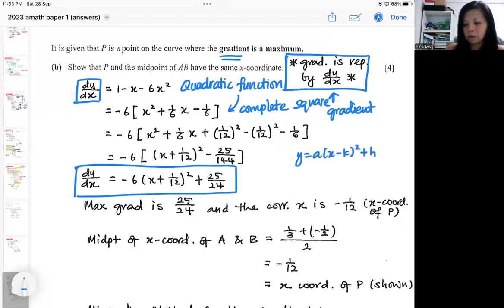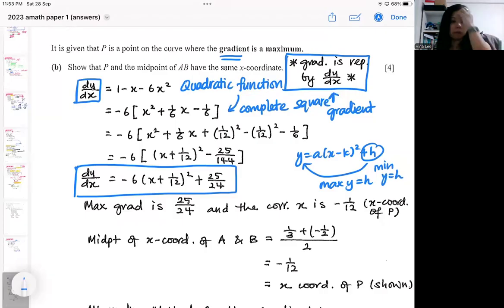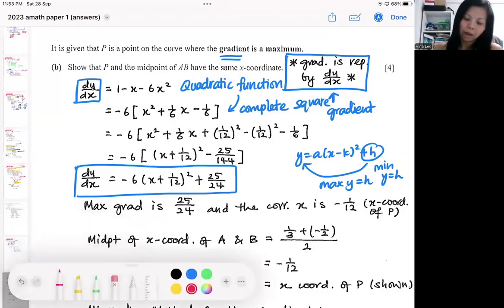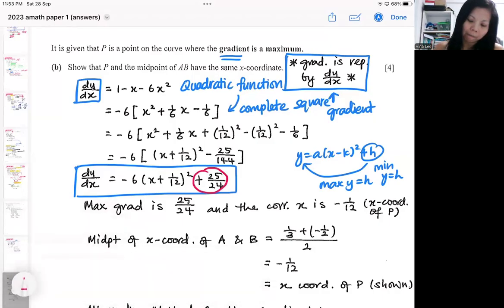So when you complete the square for y, this is the maximum value for y, or it can be the minimum value for y, because the complete square is for y. So in this case, you are completing the square for dy/dx. So the value here will be the maximum or the minimum. In this case, it's a maximum function. So this is the maximum gradient.